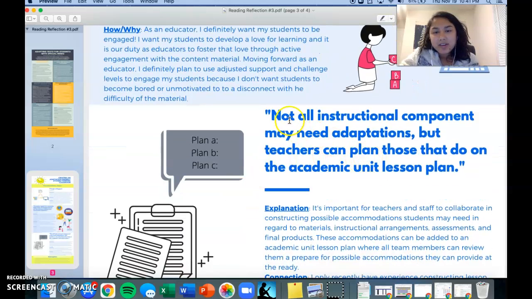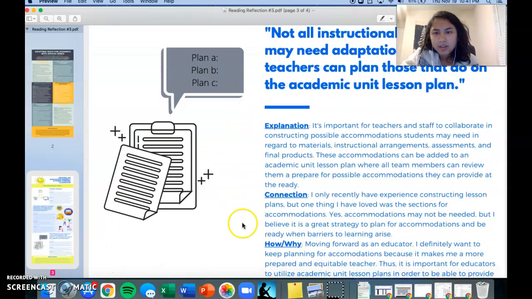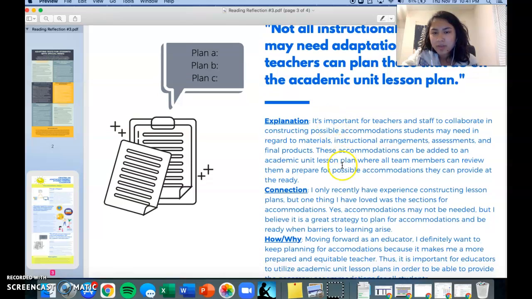And this last learning here: not all instructional components may need adaptations, but teachers can plan those that do on the academic unit lesson plan. So I really love this learning because I feel like these accommodations are something that most teachers can prepare for, and it's better if we do prepare for them.